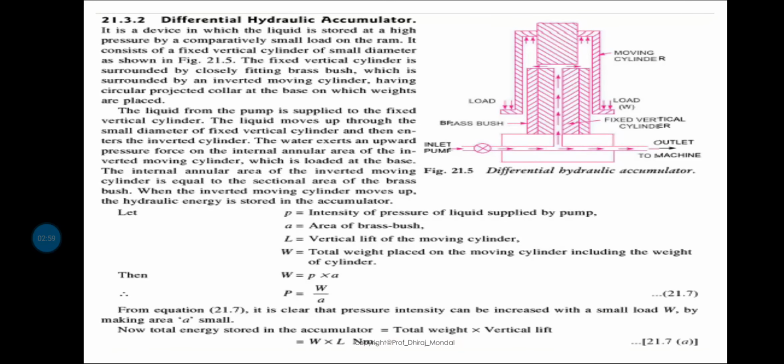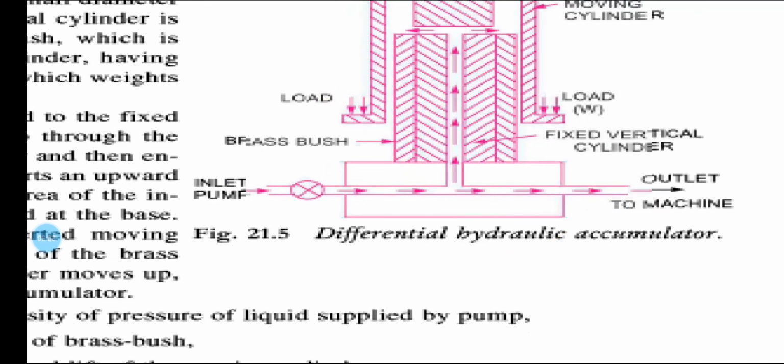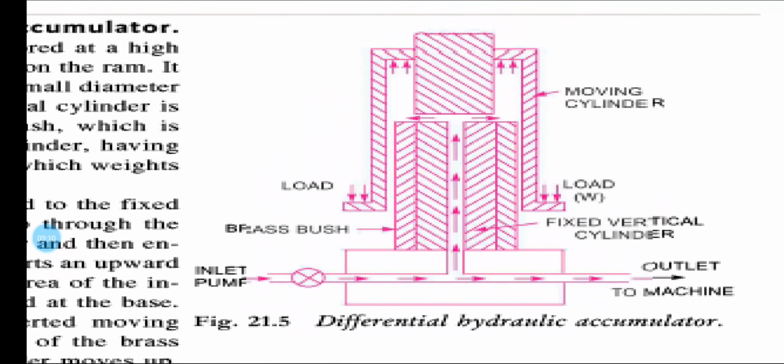Next part is the hydraulic accumulator. In this diagram you can see, it is very important from the exam point of view. So what is the function of the differential hydraulic accumulator?